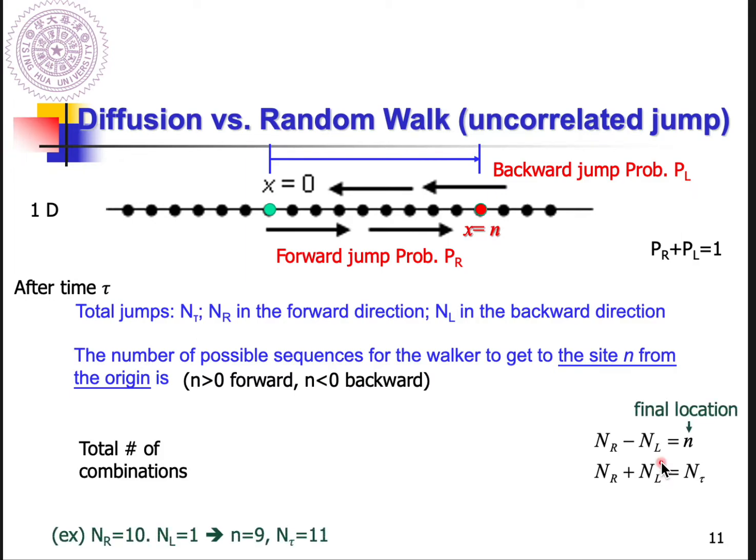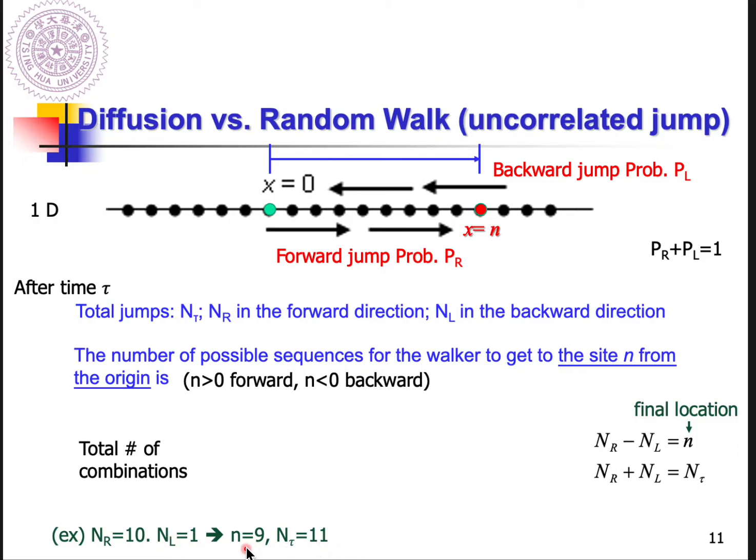And in order to have some more pictures, we give you an example. This n equals 9: 1, 2, 3, 4, 5, 6, 7, 8, 9. n equals 9. And we assume the total number of jumps is 11. And nR must equal 10, nL equals 1. So that will satisfy nR minus nL equals n, and nR plus nL, the total number, is 11, right?